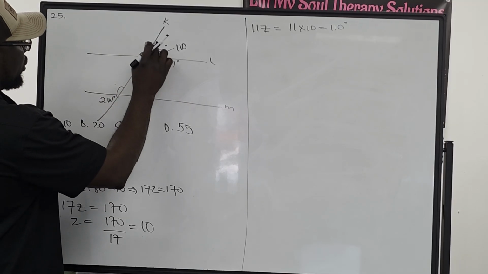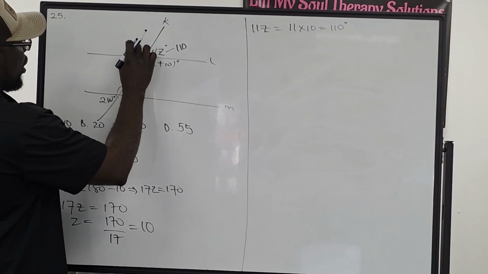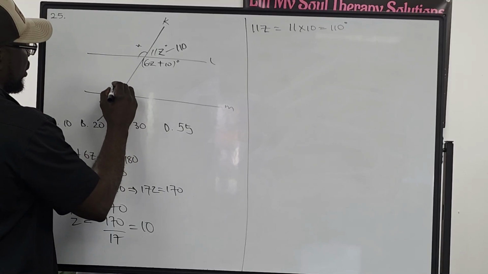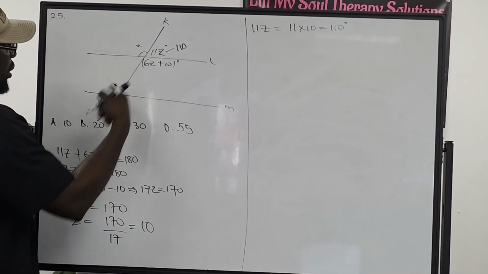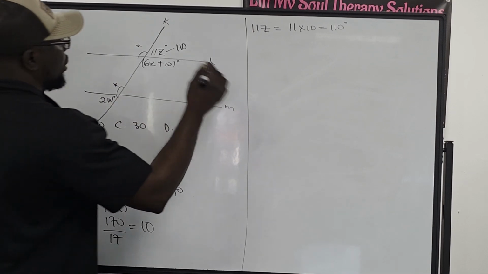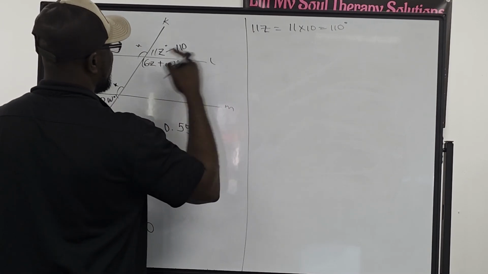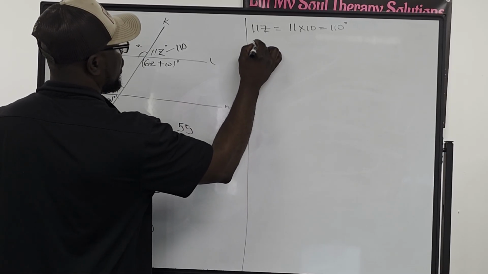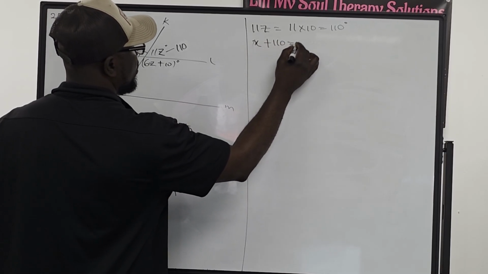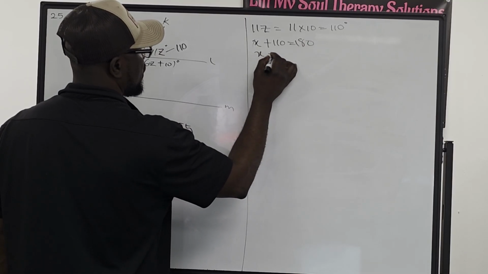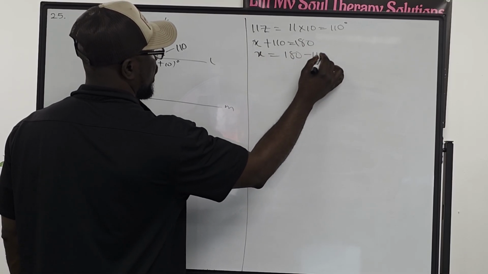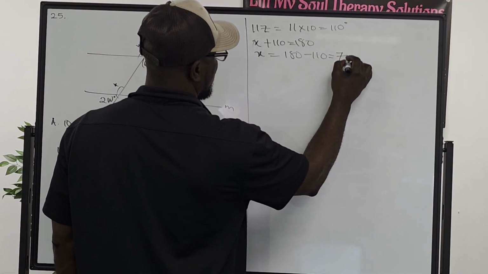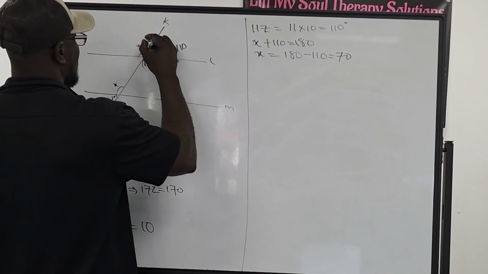If this is 110, we can easily find out what this number is. So let's call this X. We're going to call this X also, because this is going to be the same figure. X plus 110 is going to be equal to 180. That means X is going to be 180 minus 110, which is not 90, it's 70. So it's going to be 70 right here.